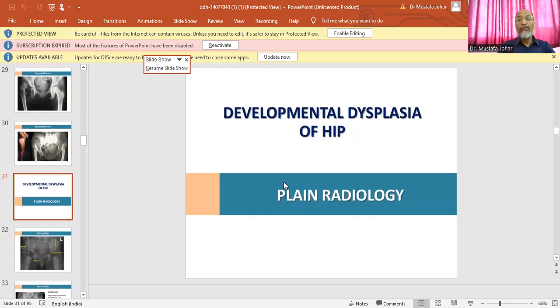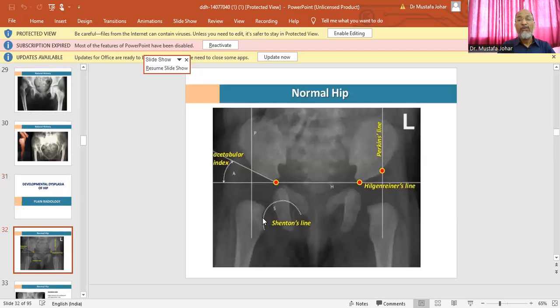Then you go for certain kinds of imaging, and the first one is plain radiography, and in this you have the acetabular index.